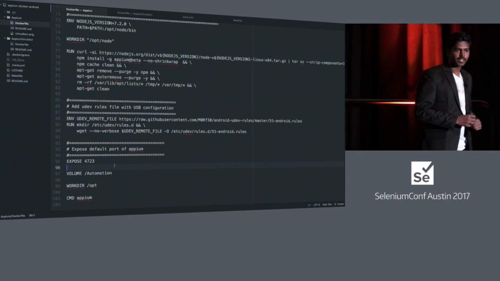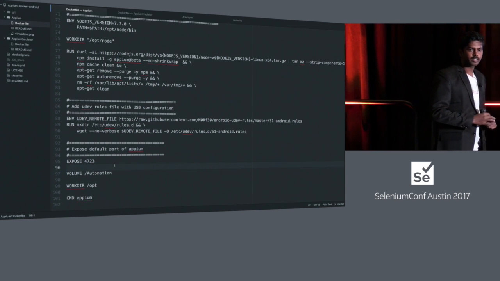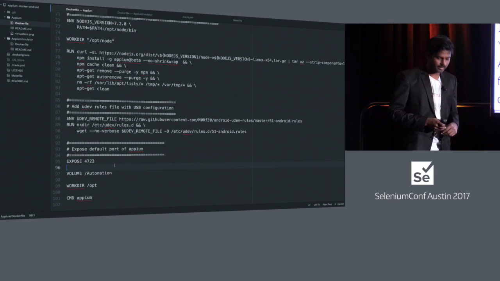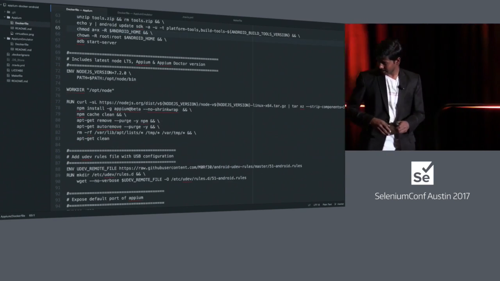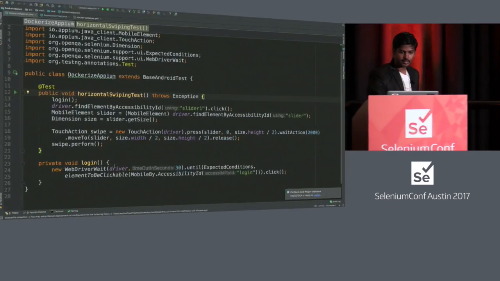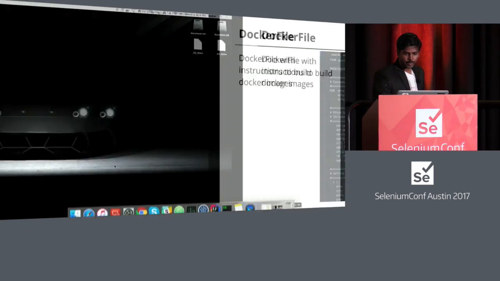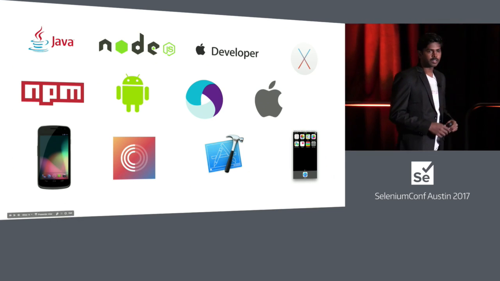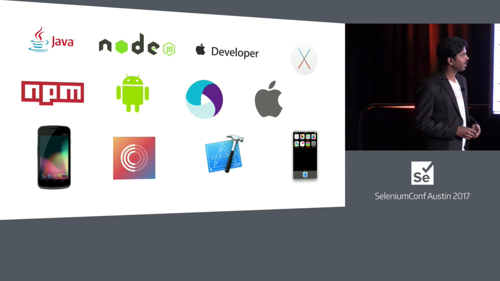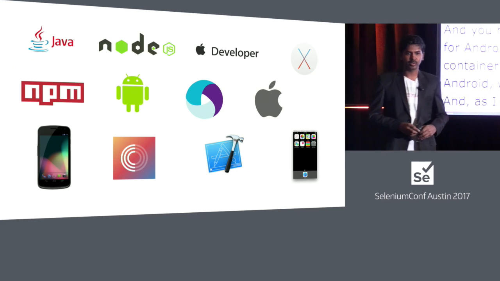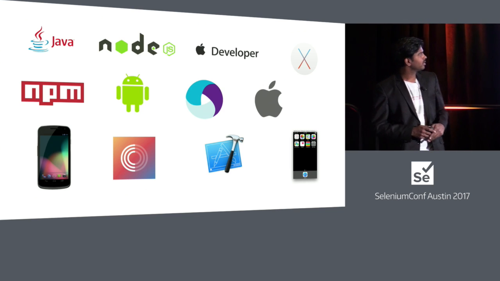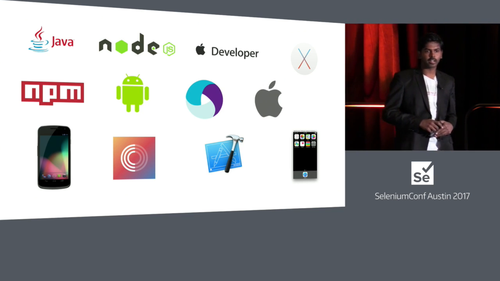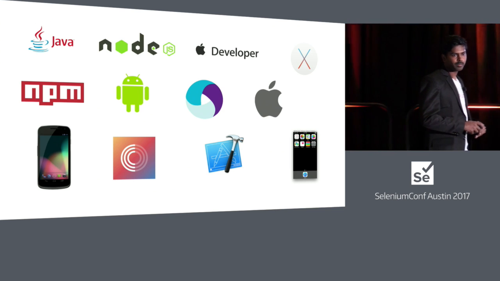So what about iOS? If I containerize my automated test to run on Android, what about iOS? iOS needs Xcode, simulator, Carthage, OS X, and to run on a real device, we need to be an Apple developer.